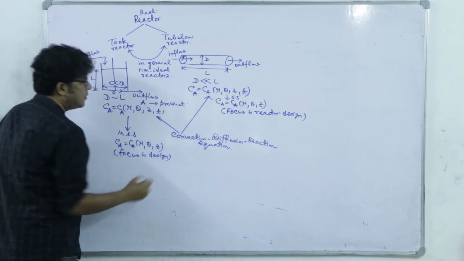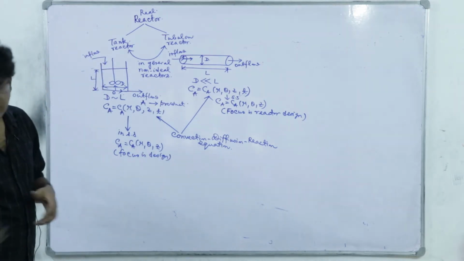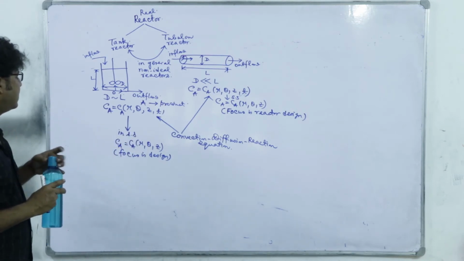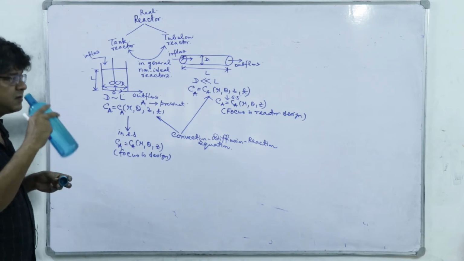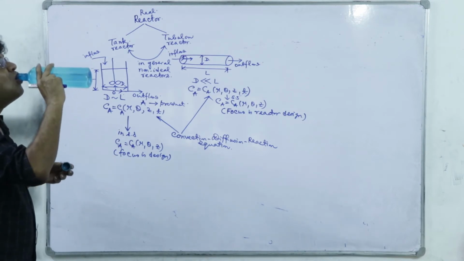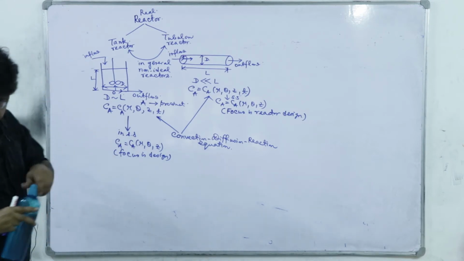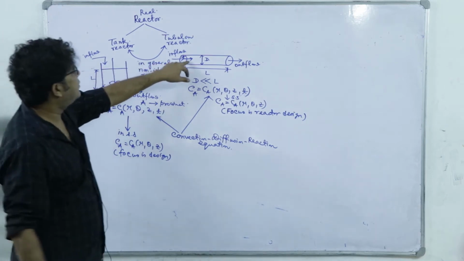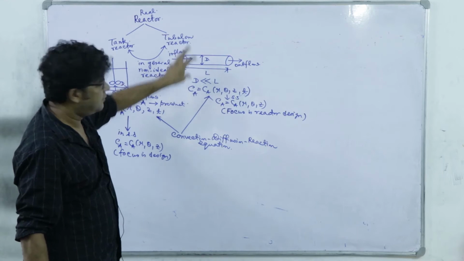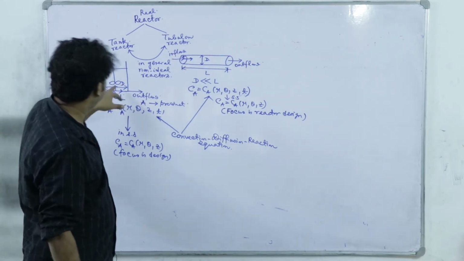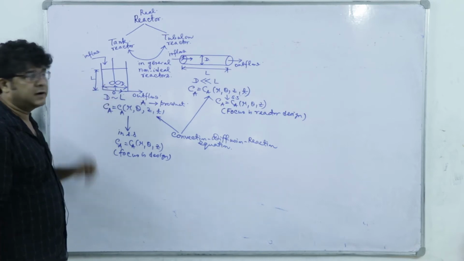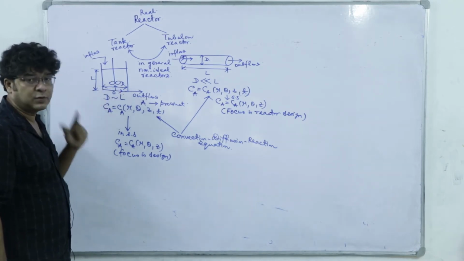Now, even under this steady state condition, we have 3 coordinates. And the boundary condition is much easier to develop for a tubular reactor, right? But it is quite difficult and extremely complicated for a tank reactor because we have a rotating stirrer.